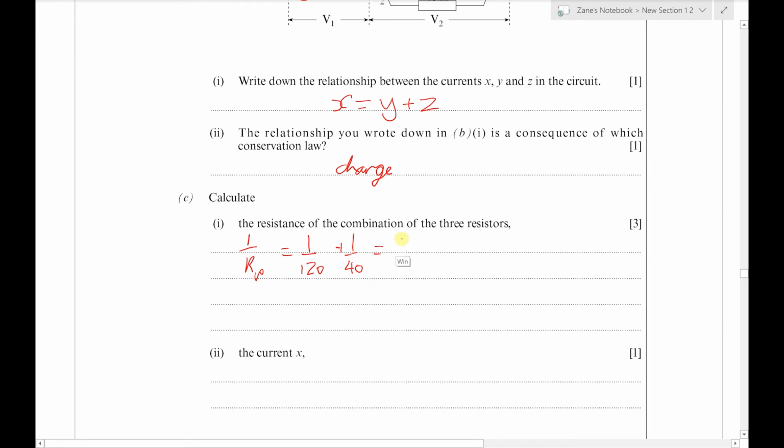Common denominator there would be 120, so we've got 1 over 120 plus 3 over 120 gives 4 over 120. And that means that the parallel resistance is 120 divided by 4, which is 30 ohms. And the total resistance is the 10 ohms that was in series with that parallel combination of 30 ohms, giving us a total of 40 ohms.